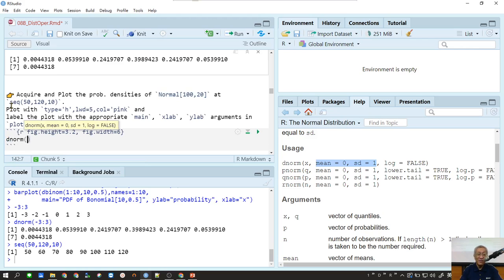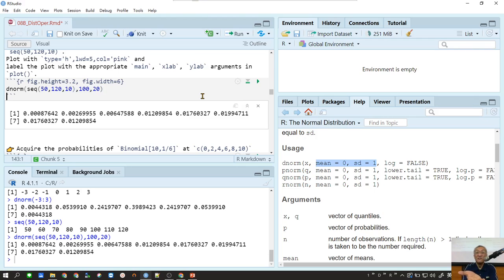This is the x that we want. And we need to specify the mean as well as the standard deviation, right? It's no longer the standard normal. So how much is the mean? It's a normal distribution, so the mean is 100? Yeah, 100. And the standard deviation is 20, right? Okay.